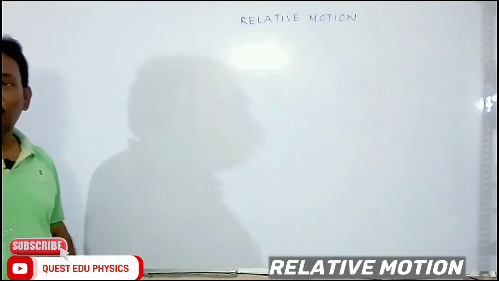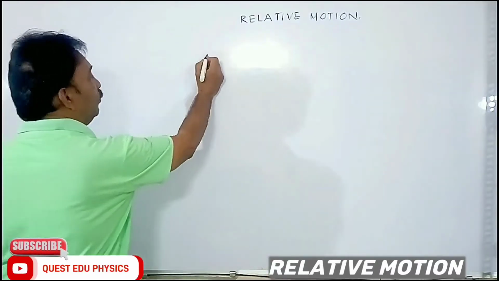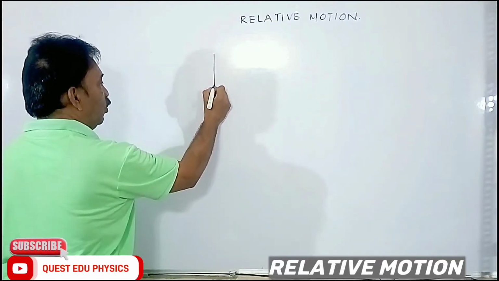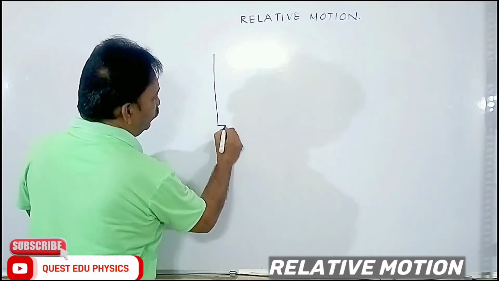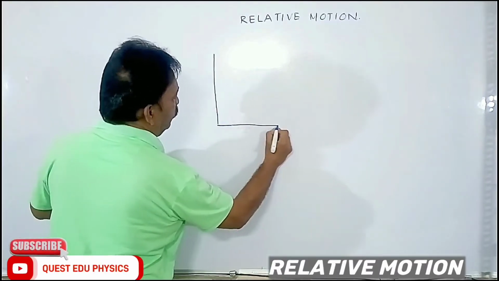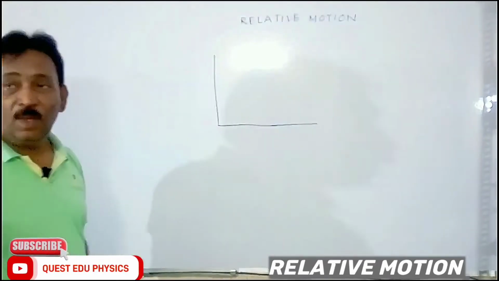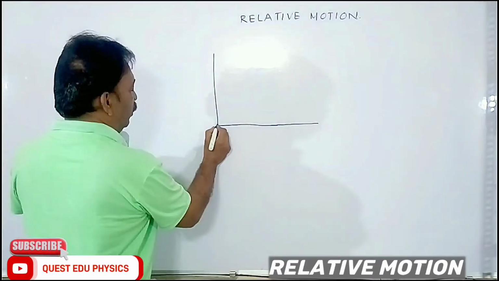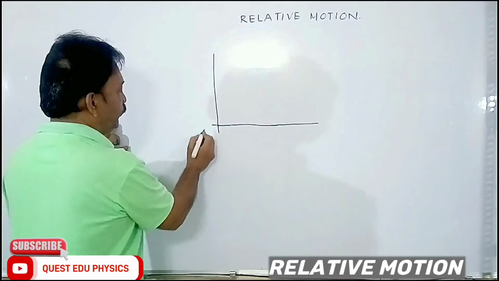To understand this in the right way, first locate a coordinate axis system. As usual, it is the x-axis and the y-axis.